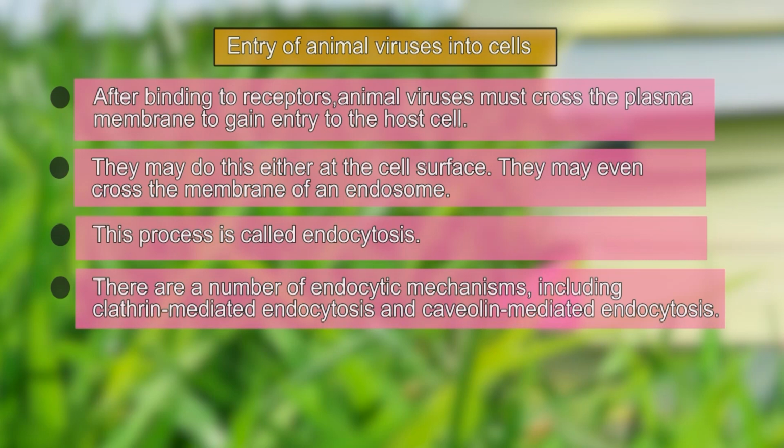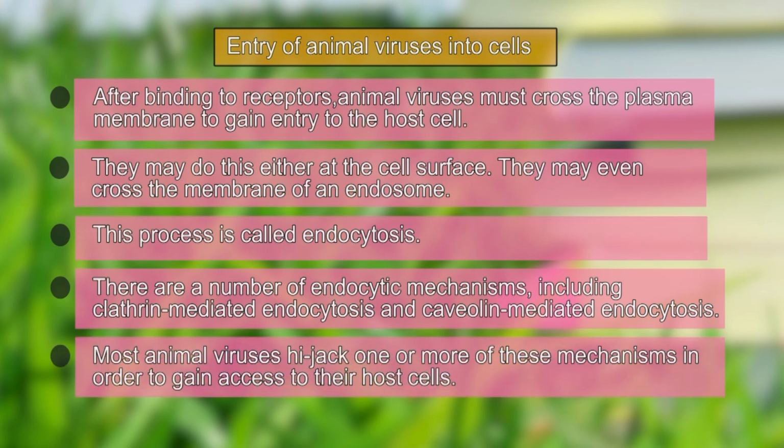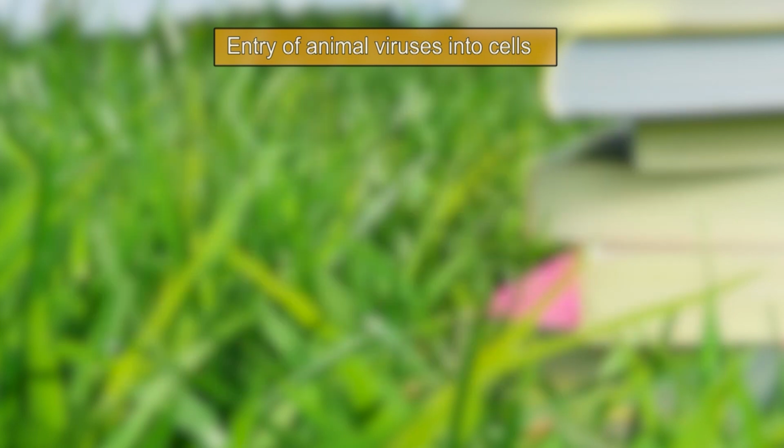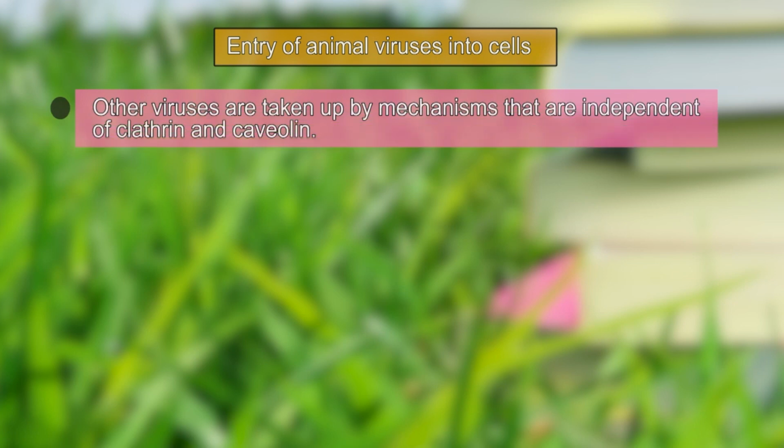Endocytosis is done either by clathrin protein or caveolin proteins, and most of the viruses hijack one or more of these mechanisms to get a successful entry into the host cell. There are even viruses which are independent of clathrin or caveolin mediated endocytosis.